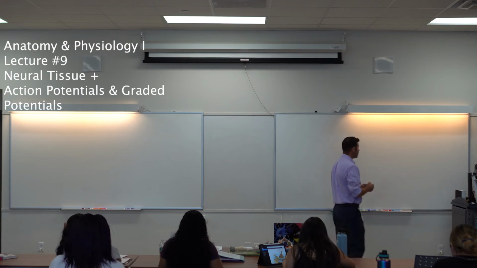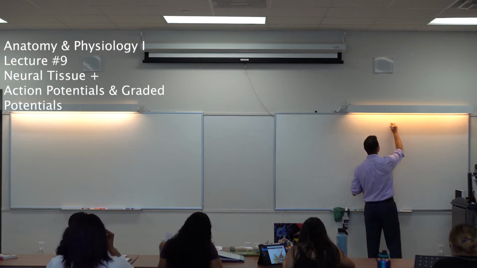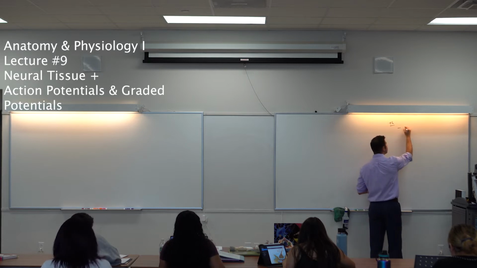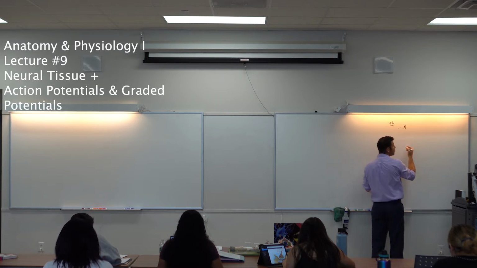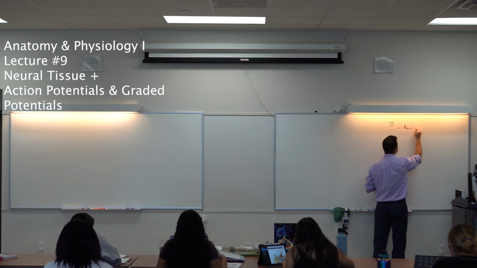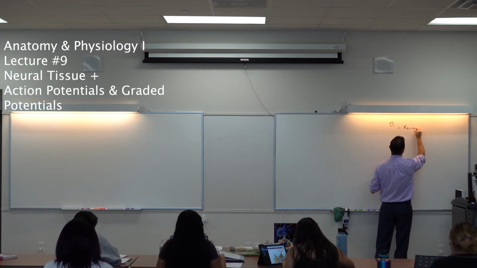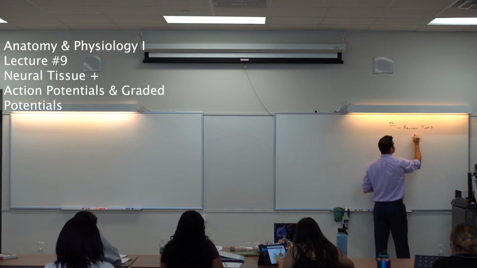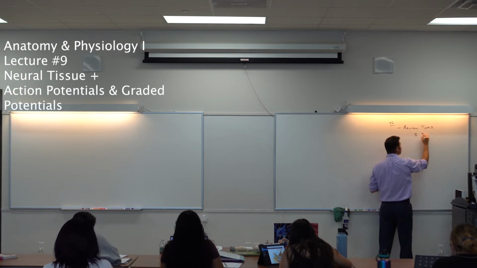We can list a to-do list on the board. Today is already Thursday. That's hard to believe. When we start Unit 4, we're going to go through first our review of nervous tissue. We're going to see neuron types. There's going to be 3 structural types.